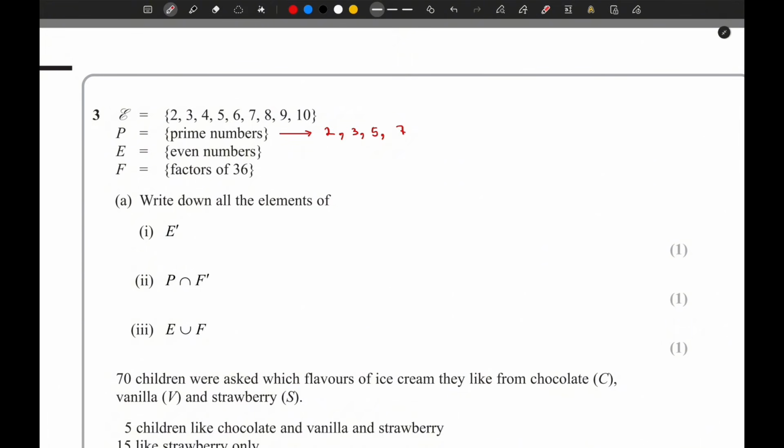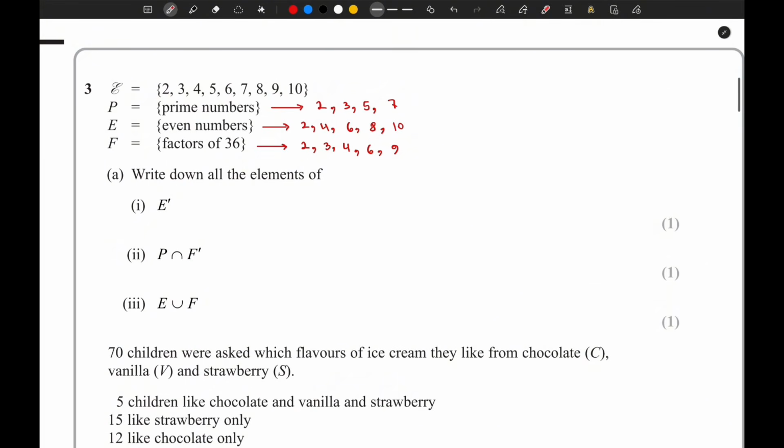These are the only values. Even numbers meaning 2, 4, 6, 8, 10. And factors of 36, that is 2, 3, 4, 6, and 9.